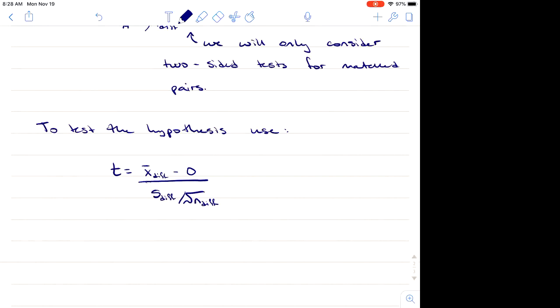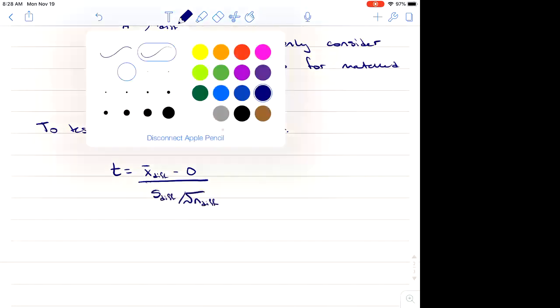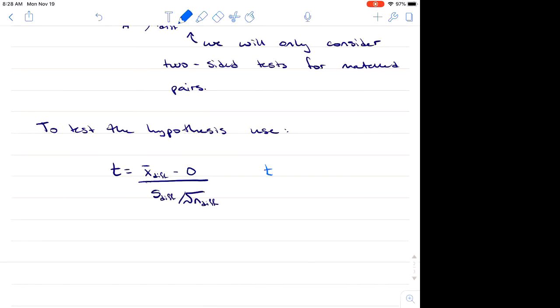I jumped to two samples. This should look familiar, right? So remember, before we just had T is X bar minus mu sub 0 over S over root N.